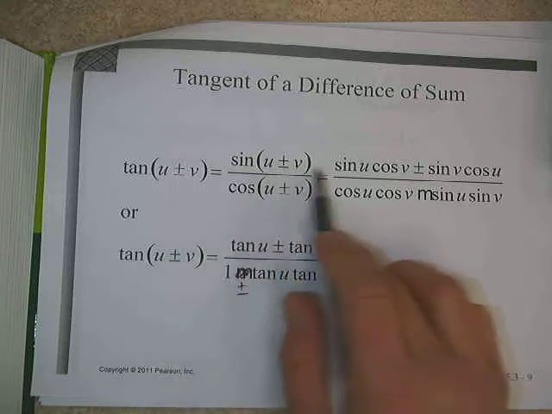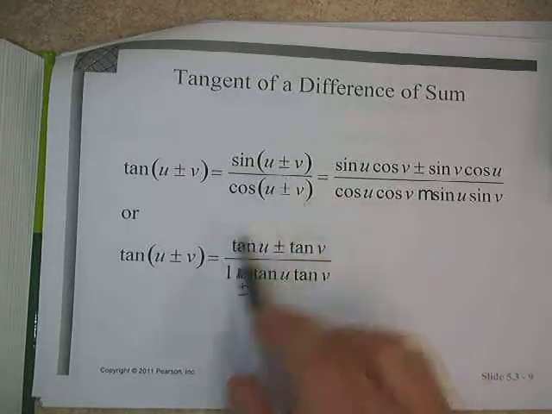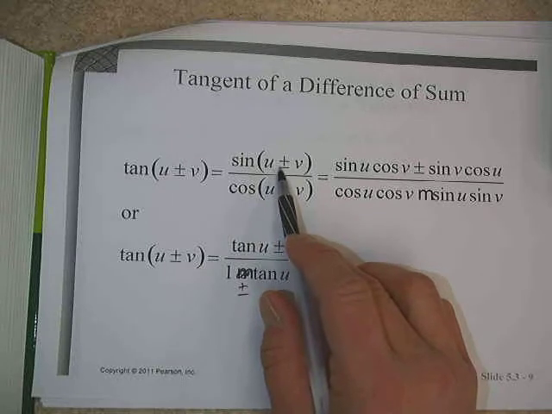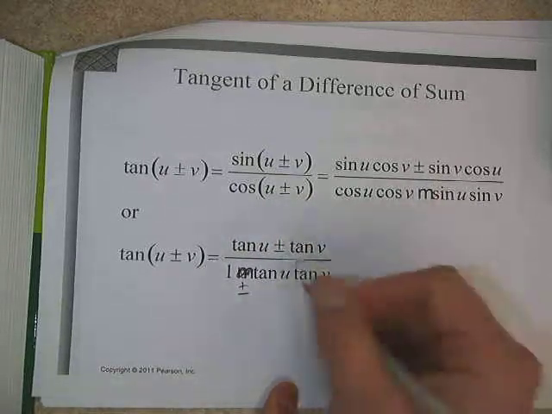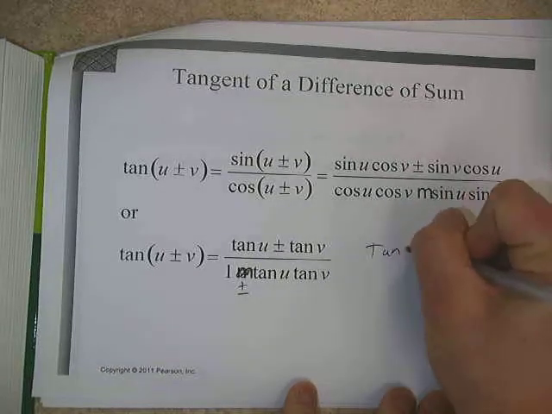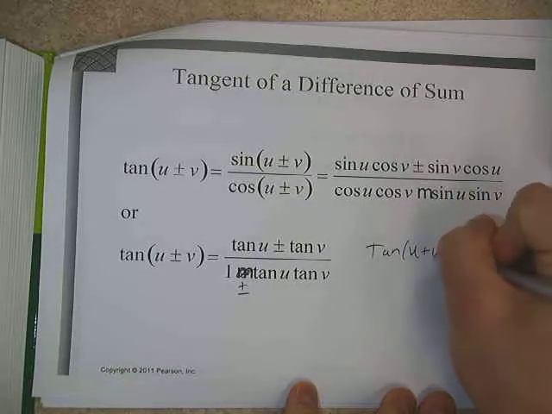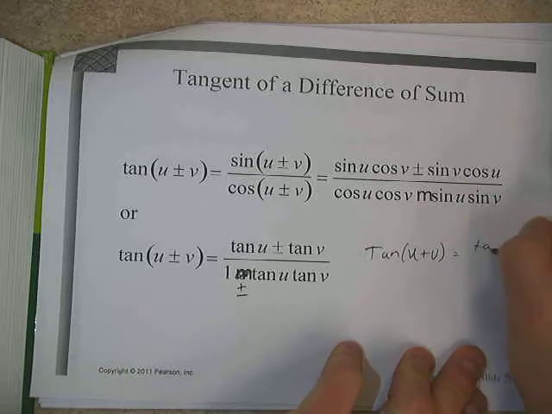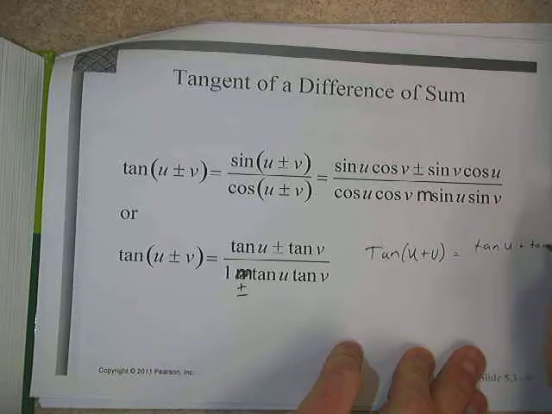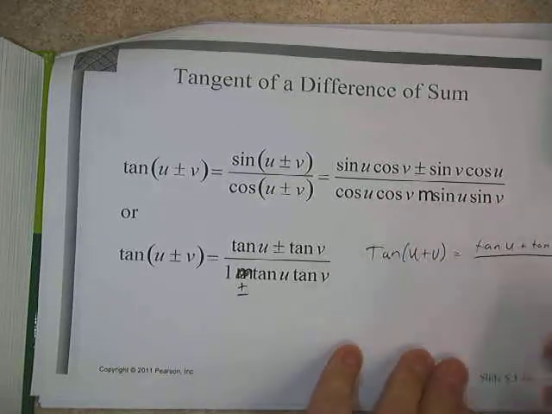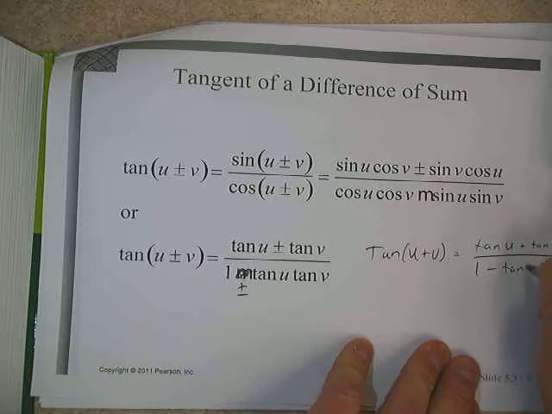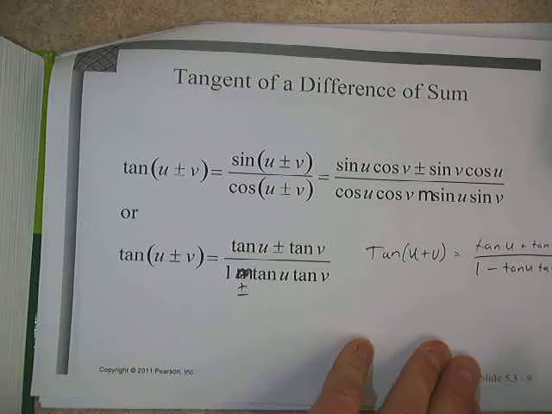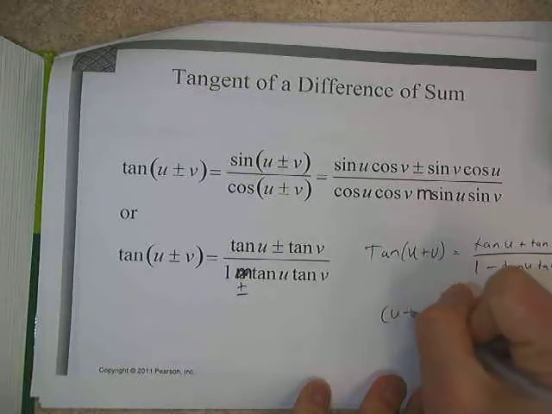Now, keep in mind that when we do the tangent formula here, when we have the plus sign, just like above, since the top of this comes from the sine, we know that the sine does not have a sign change, so we should have a plus. So if we rewrite this in terms of the individual u's and v's with a plus sign only, we'd have tangent u plus tangent v.